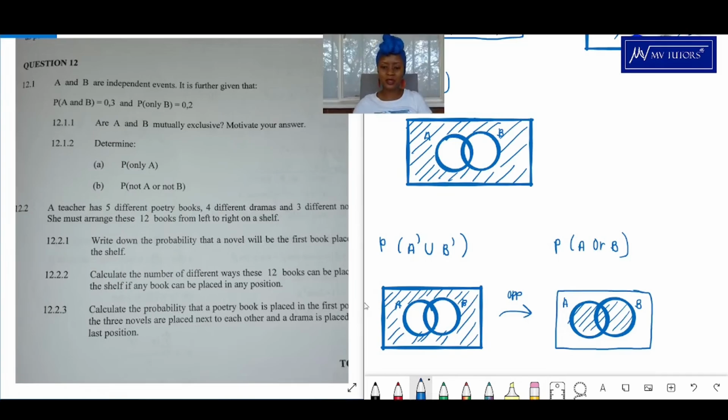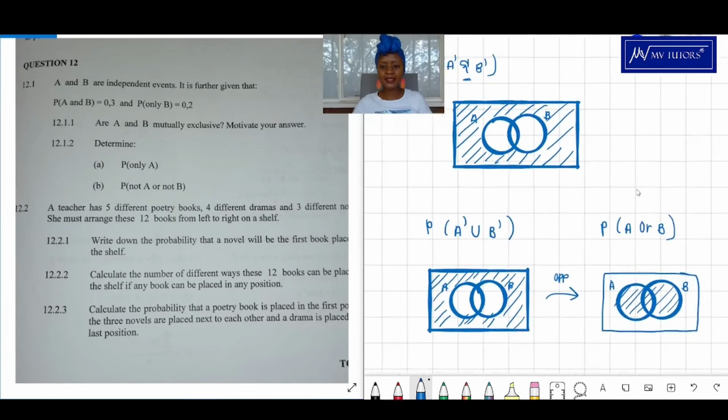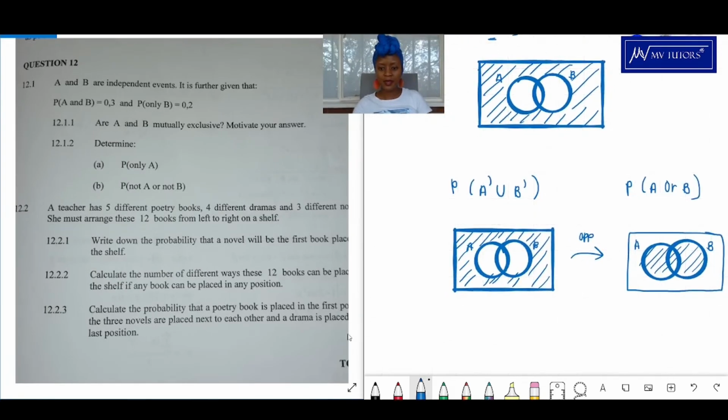So what I wanted to demonstrate here, guys, if you look at these two, the probability of not A and the probability of not B, that is really the same as the probability of not A or probability of not B. They are the same. Okay, you only shade the area around.